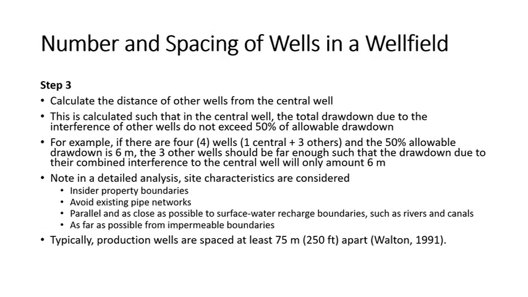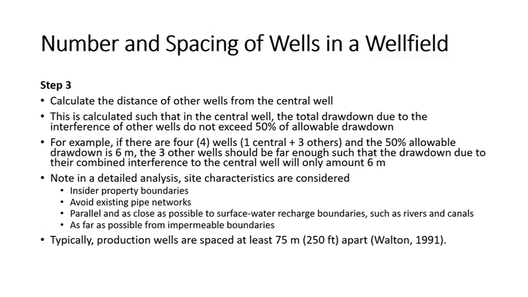And also, as much as possible, make it far away from impermeable boundaries. The reason being is that if your well is near an impermeable boundary, your pumping rate will be limited, and you can also induce a lot of drawdown.